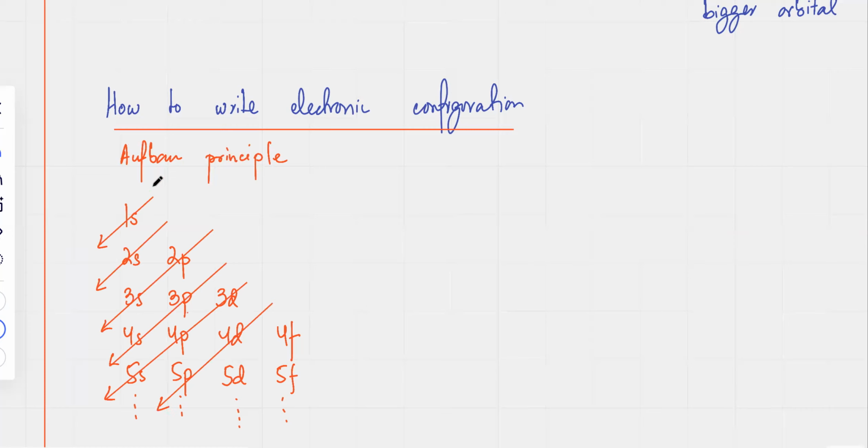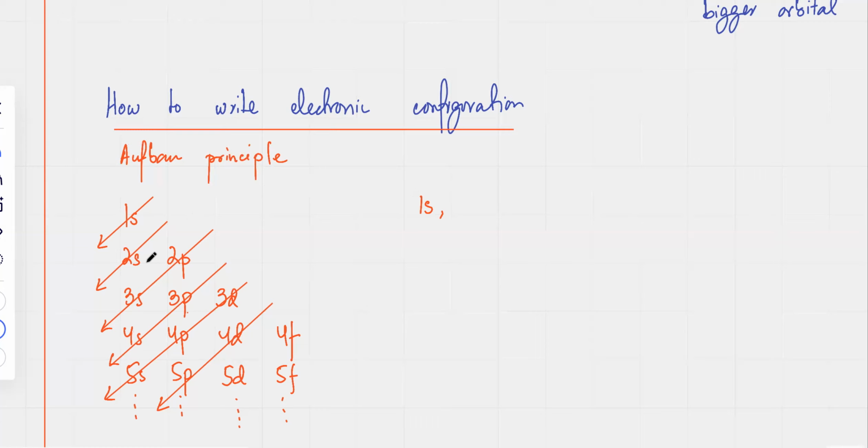Every atom, when you're trying to fill electrons, is going to follow this principle. You follow the arrows from top to bottom. The first subshell that needs to be filled is always the 1s, an s subshell in the first shell, which is the lowest energy level.